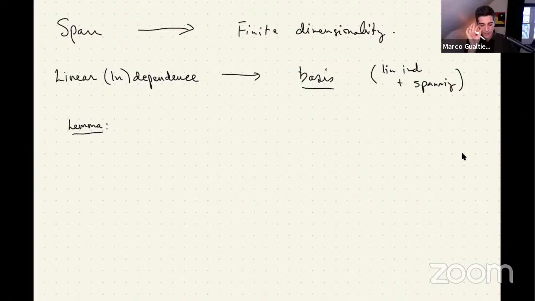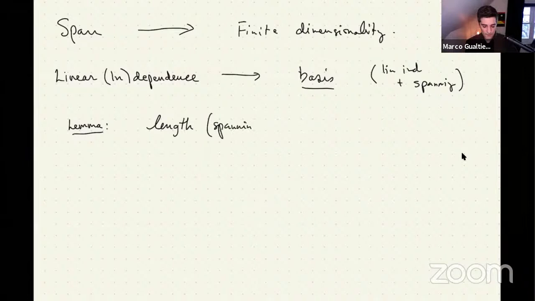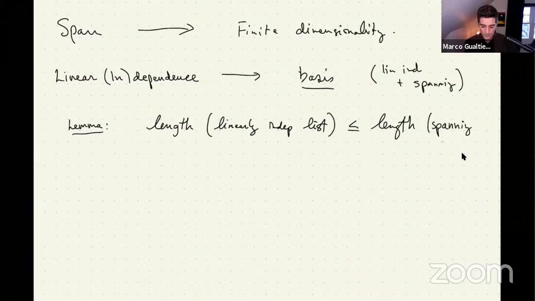For that reason, we were able to prove, basically by using that argument, that the length of a linearly independent list is always less than or equal to the length of a spanning list. Remember, a spanning list means it spans the whole vector space. So this is an inequality which always holds.